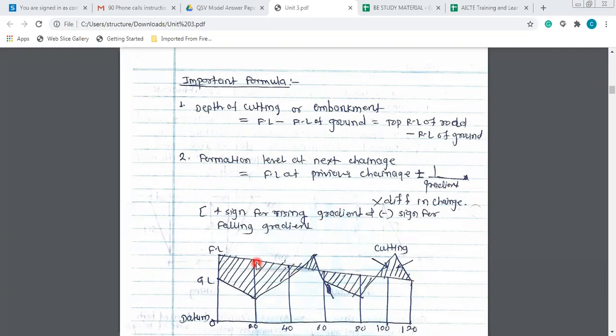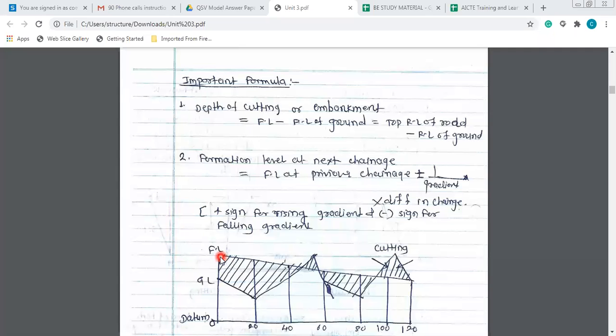If I have to calculate the level at the next point, point number 2, I have to consider the FL of the previous chainage, plus or minus 1 by gradient, whatever gradient is given in your problem, multiplied by the difference of the chainage.